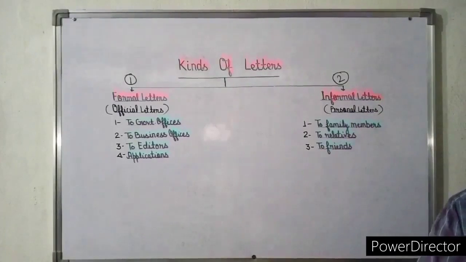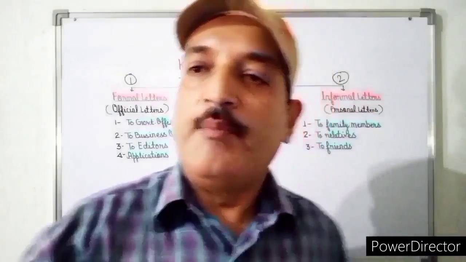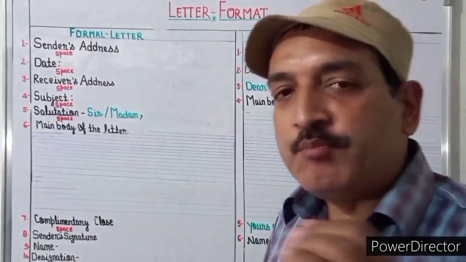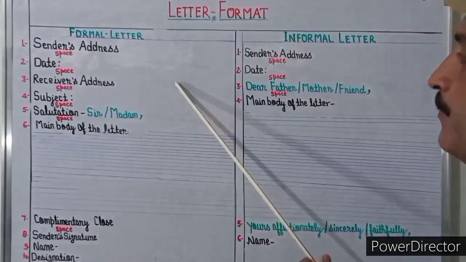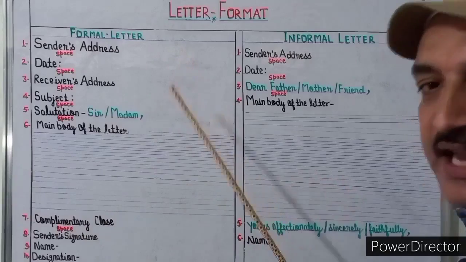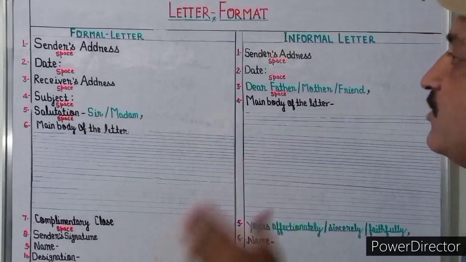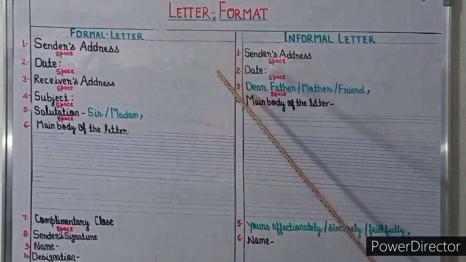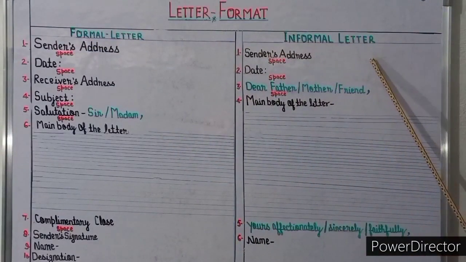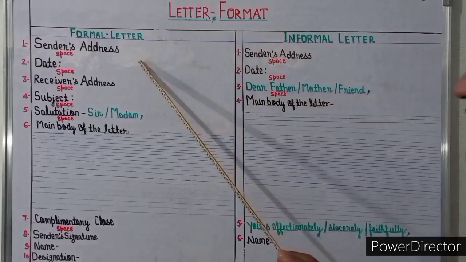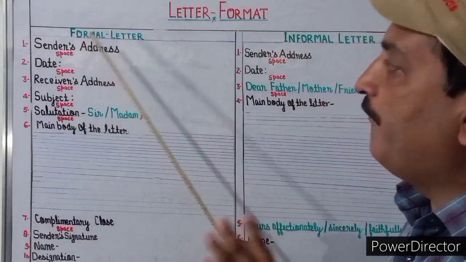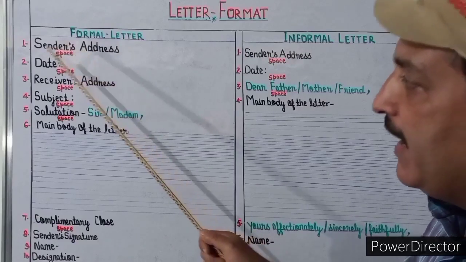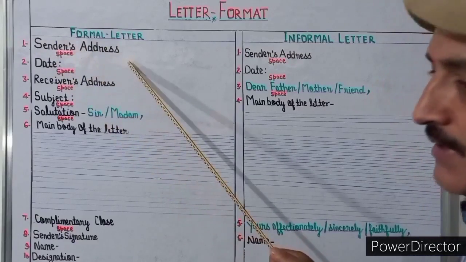Now let us discuss the format of formal and informal letters. Dear students, I have taken both of the formats together so that you may easily understand the difference between the format of a formal letter and the format of an informal letter. This one is the format for a formal letter, and in the upper left corner I have written sender's address.